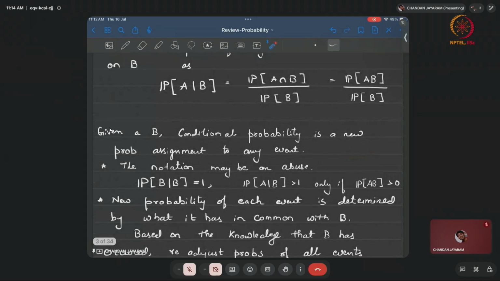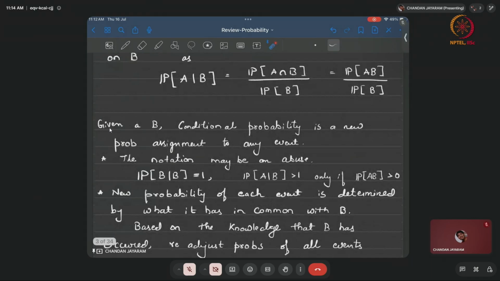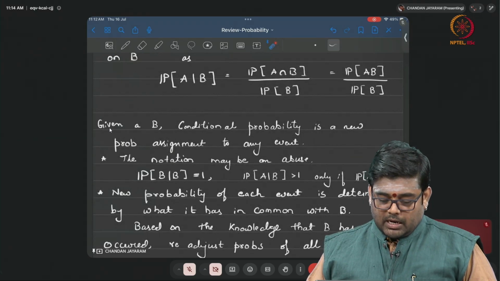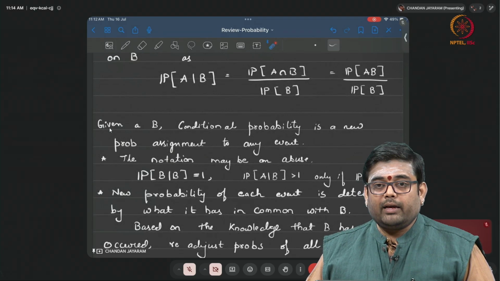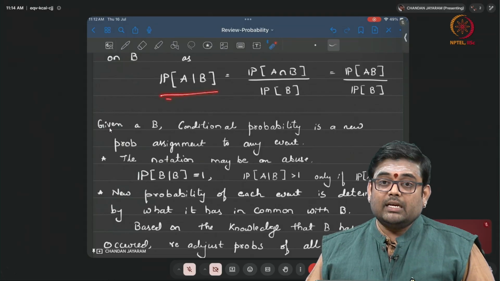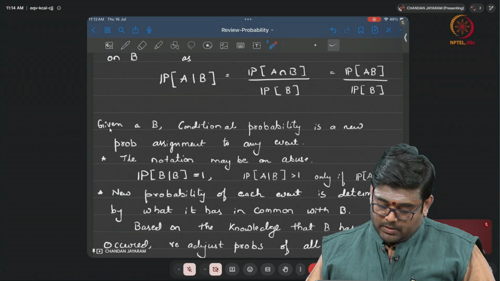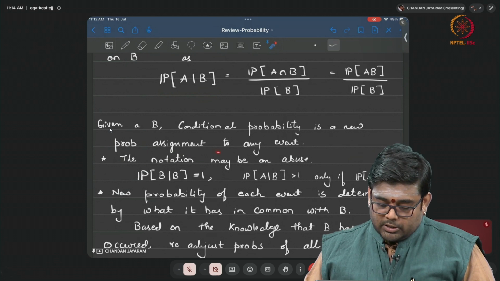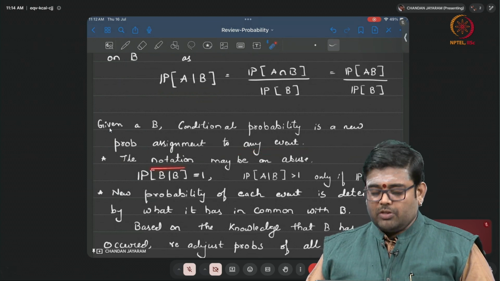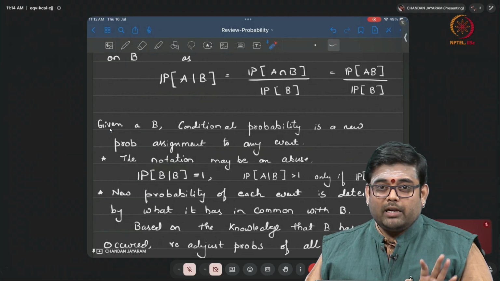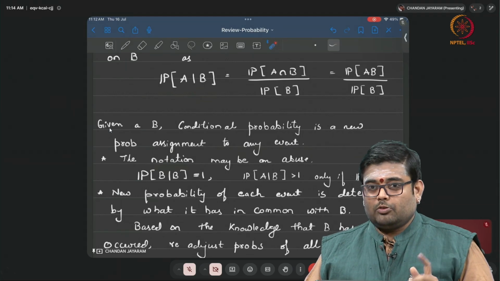Given B, the conditional probability is a new probability assignment to any event. We should be pretty much aware of this idea. This conditional probability is a new probability that has been assigned to all the events. The notation we use is kind of an abuse of notation, but we will be using it.